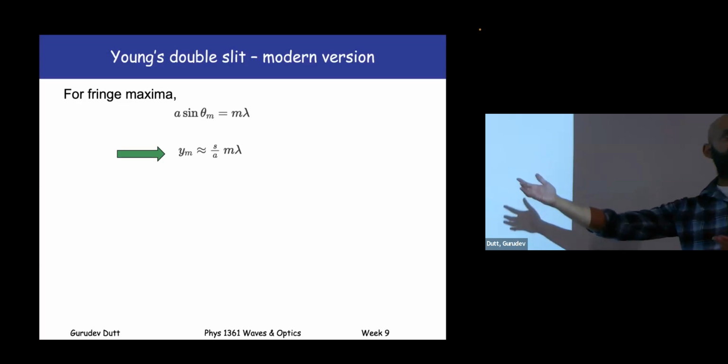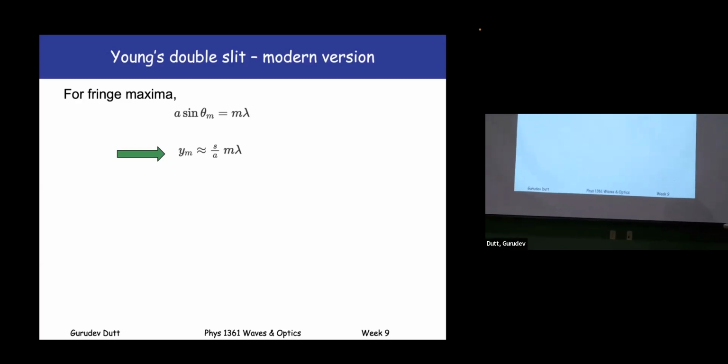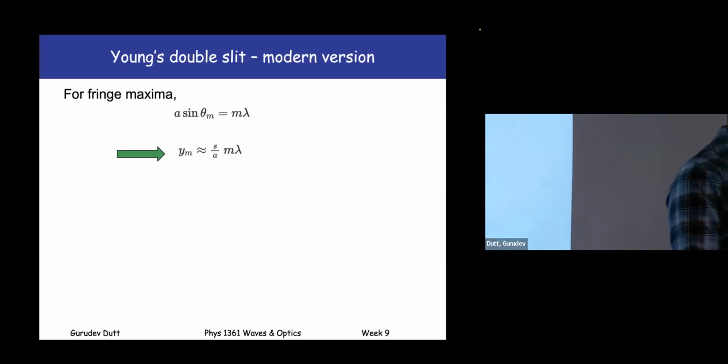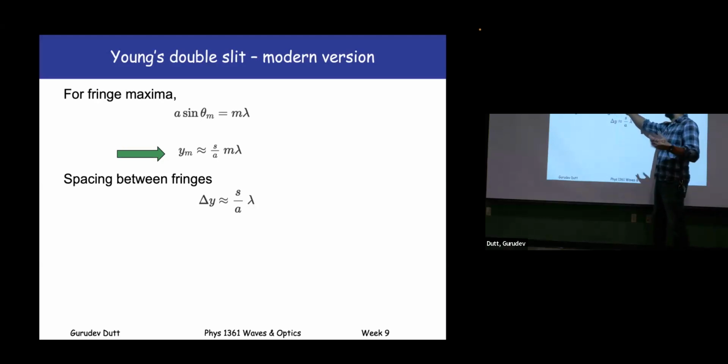You don't need to remember all the formulas as long as you can remember that the path length difference is A sine theta. Once you have the path length difference, then just use the standard result that k times the path length difference is equal to 2m pi for constructive interference. And the spacing between the fringes, well, clearly for m equal to something, it's S over A times m lambda, and Y m plus 1 would be the next order.